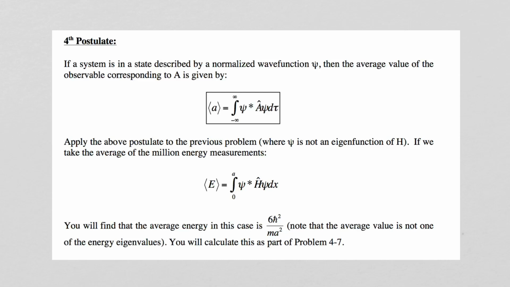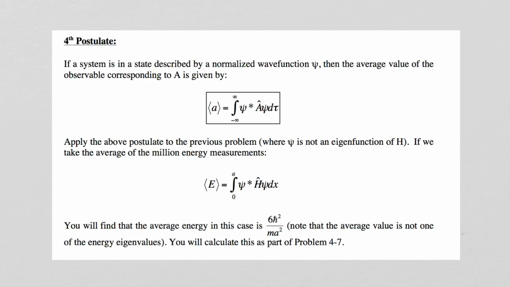We'll practice this a lot in class and in some homework assignments, how to actually execute this calculation. But one thing that is important to note is that the average value that you calculate is not necessarily going to be one of the eigenvalues.